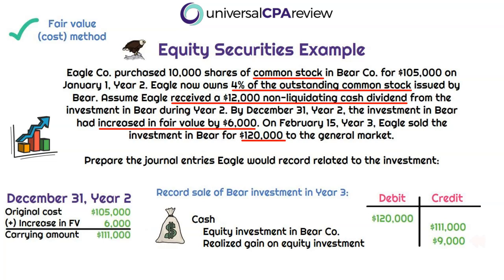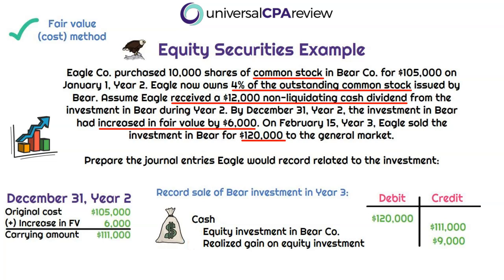They're going to recognize a realized gain on this investment in year 3 of $9,000. Right, so when we look at the journal entry, well, we have a debit to cash for $120,000, and then we would credit equity investment in Bear for $111,000, which is coming from basically what would have been the balance at December 31st, year two. And then we'll also recognize that realized gain on the equity investment.